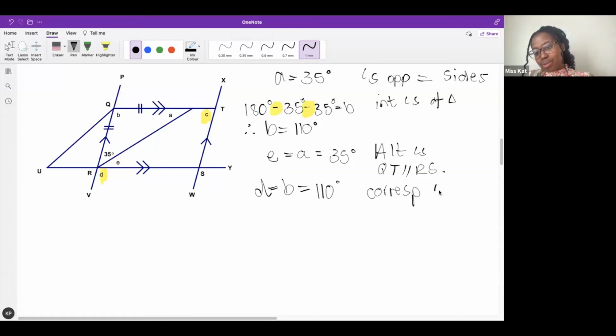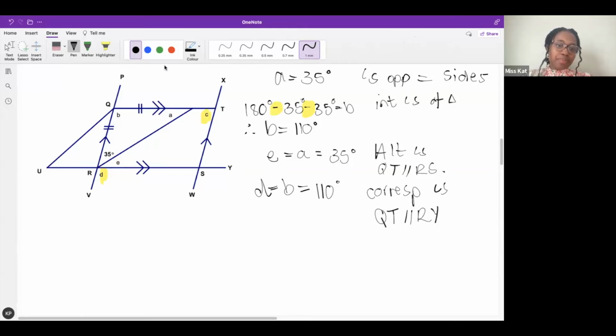That is 100% correct. And my parallel lines? UT is parallel to QT. I mean UI. RS. I didn't see the Y. Sorry, I was panicking for a while. Thank you very much, Sia.